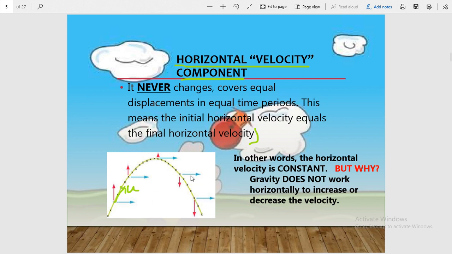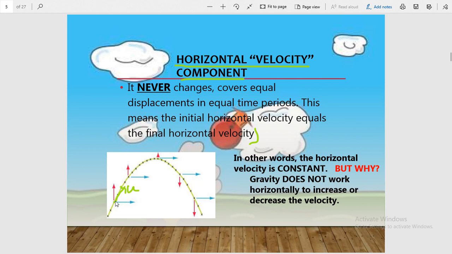At all these points the magnitude and the direction of this component remain unchanged. You can see the blue arrows do not change their size.